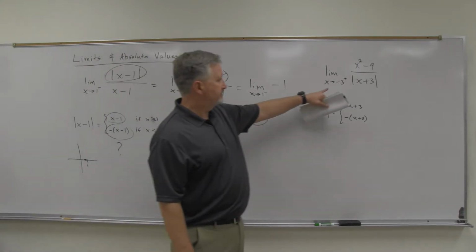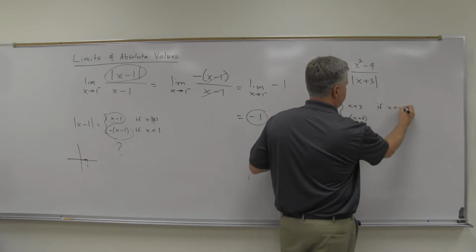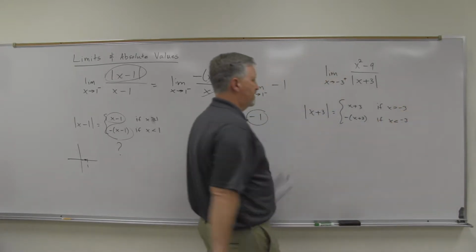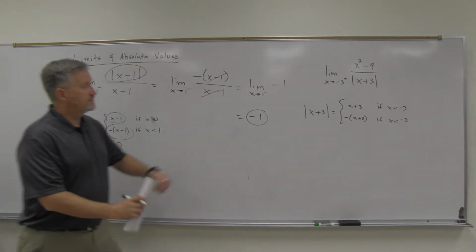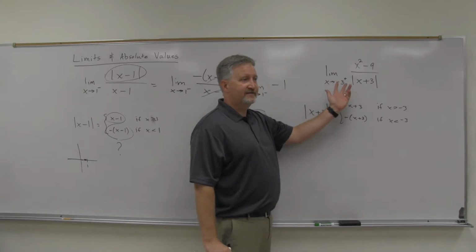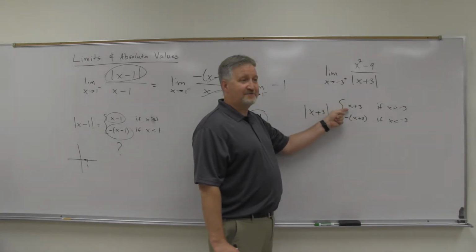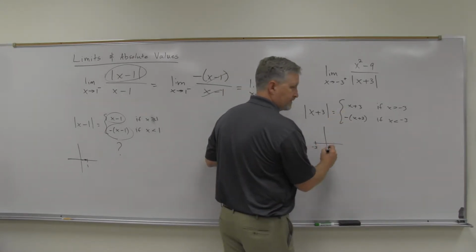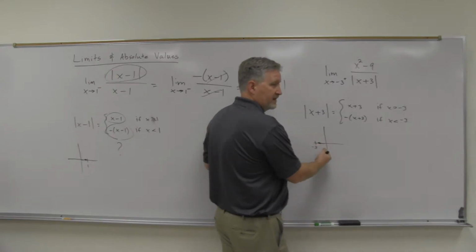Well, I'm approaching negative 3 from the right, and this is if x is greater than negative 3, and this is if x is less than negative 3, and the equal to part doesn't matter here. But since I'm approaching negative 3 from the right, which one of these would I use? I'd use this one, wouldn't I? Because if I'm approaching -3 from the right side, that's from the greater than side of -3.